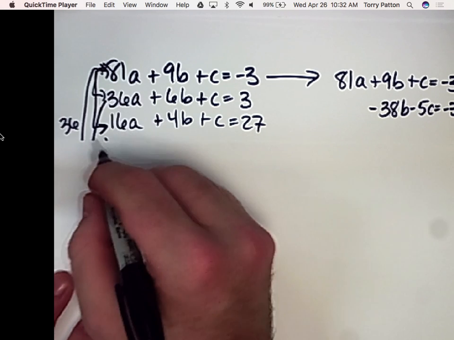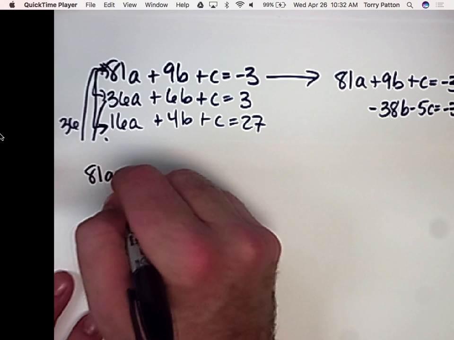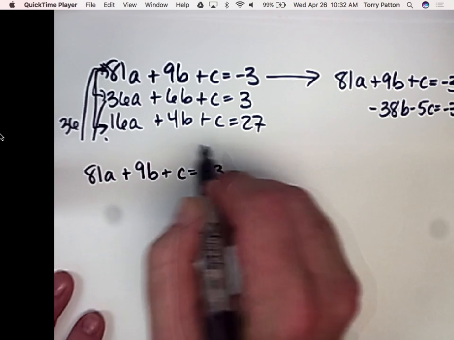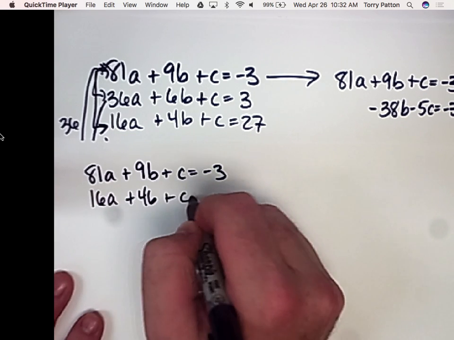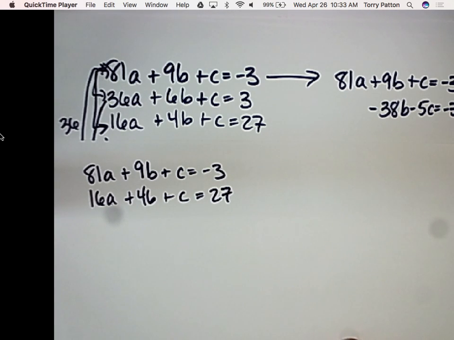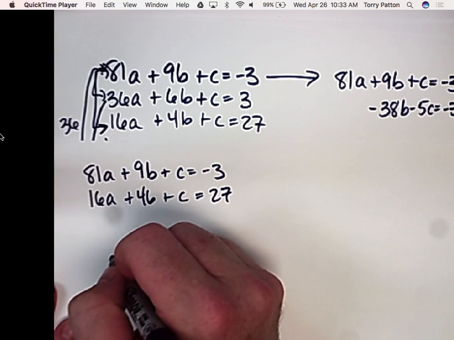So what I would do, we've got 81a plus 9b plus c equals negative 3, and 16a plus 4b plus c equals 27. I would just do 81 times 16. Okay? So the top one we're going to multiply by 16. The bottom we're going to multiply by negative 81.